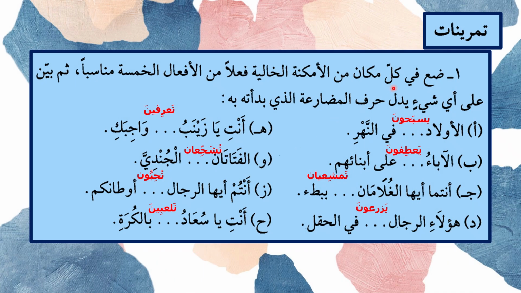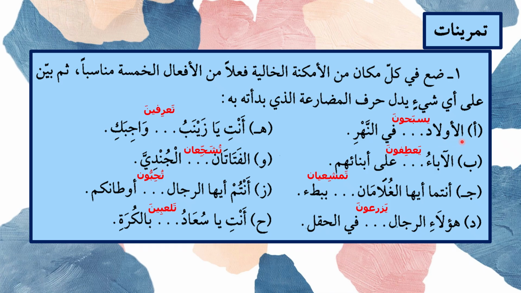Let's do the exercises here. دعا في كل مكان من الأماكن خالية فعلا من أفعال الخمسة مناسب. So you have to choose some af'al al khamsa according to the sentence, and when you read the sentence you have to keep in mind the number, the gender, then the first person, second person and the third person.